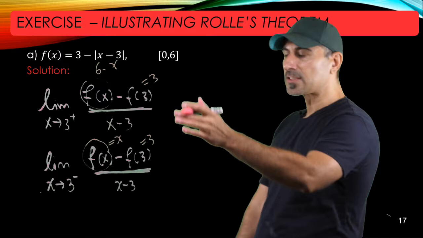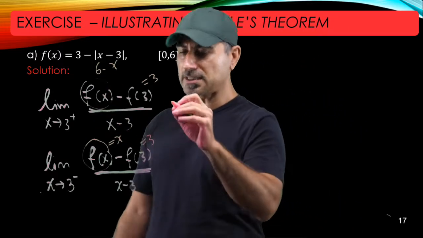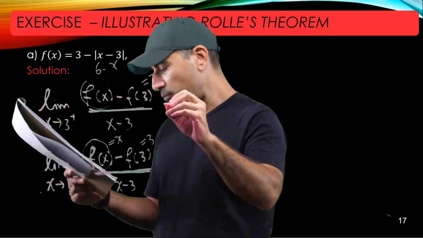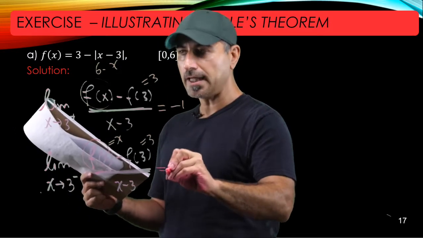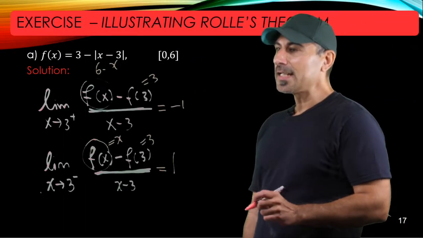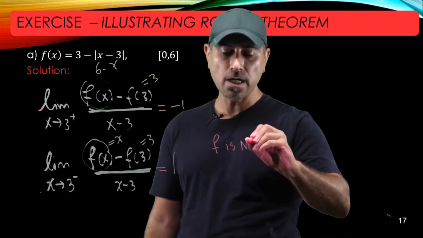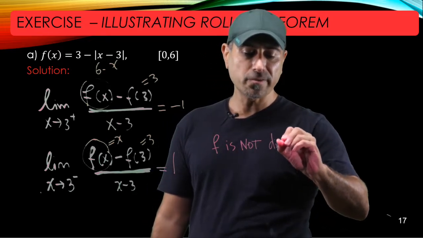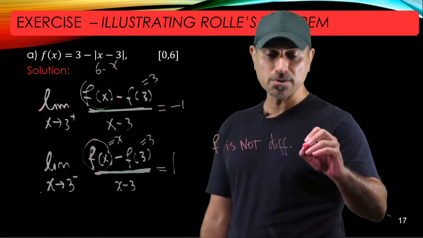This is a good exercise, to calculate those limits for these expressions. It turns out that in one case we get -1, and in the other case we get +1. The unfortunate news here is that f is not differentiable at the interior point x equals 3.